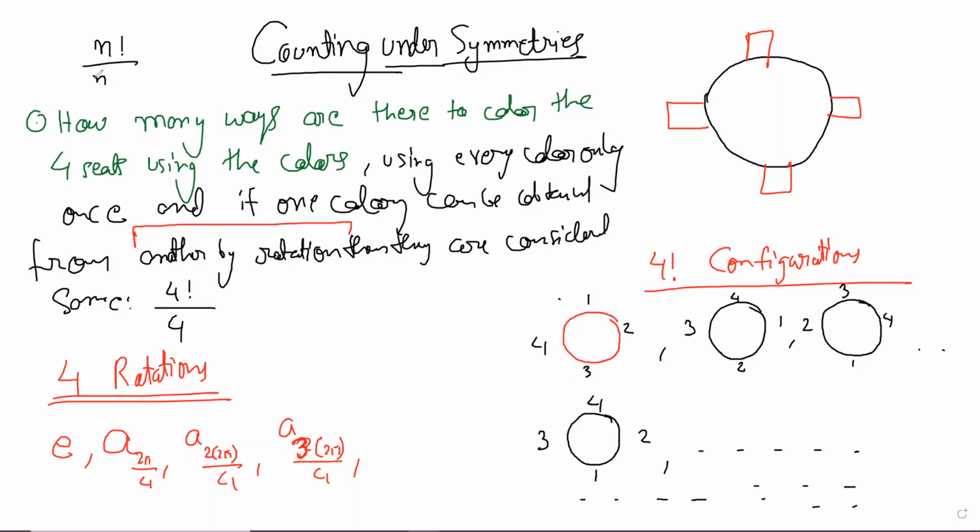So what we did earlier, there we were allowed to use one color multiple times. But there we made the question very simple, in the sense that we removed the symmetry from the question.